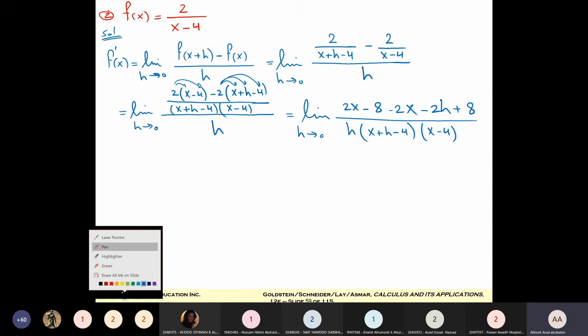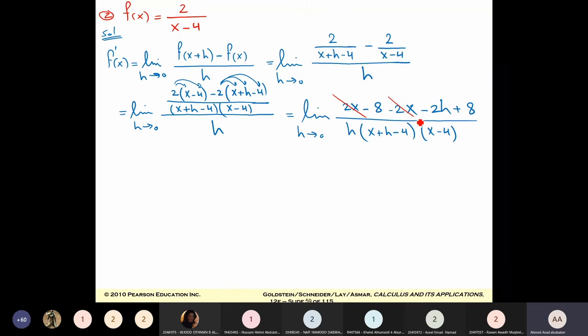Look at this. After we simplify the numerator, we can see we can remove 2x with negative 2x and negative 8 with positive 8.